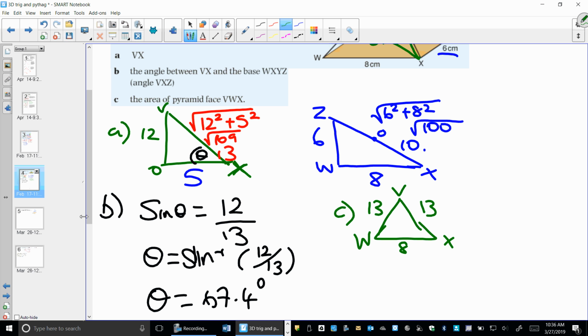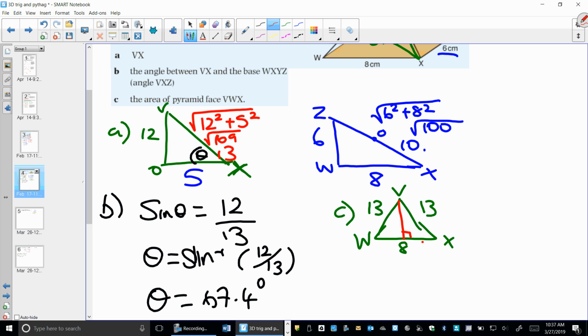We need to find the area. We don't know any angles though. So we could, now we know how to do it, use the cosine rule to find an angle if we wished. Or secretly we could just recognize that if we drew a line down the middle, we would have 2 right angle triangles.